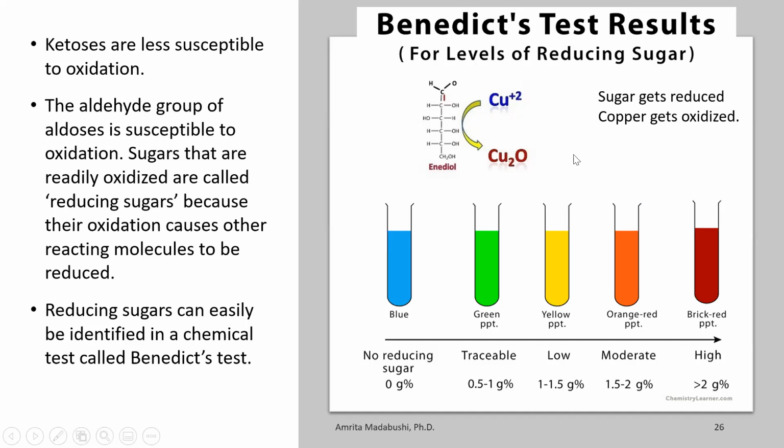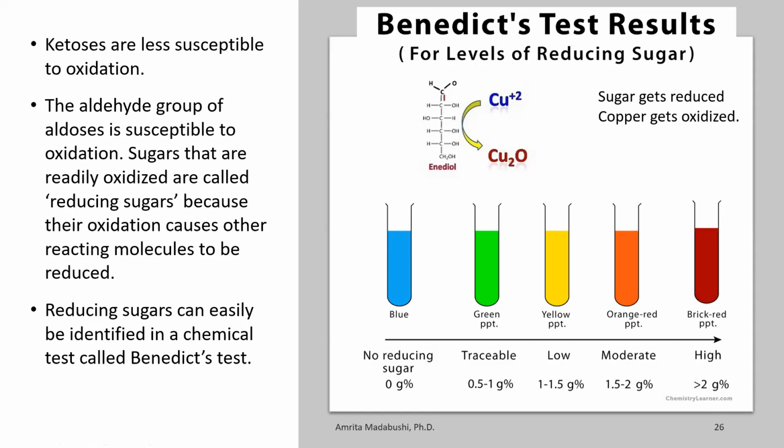So if you want to know whether a sugar is reducing or not, you add Benedict's solution, which contains copper, and if it converts to red, then you know this sugar was reducing. If the sugar was not a reducing sugar, then the copper will do nothing. It'll remain whatever color it is. Okay.